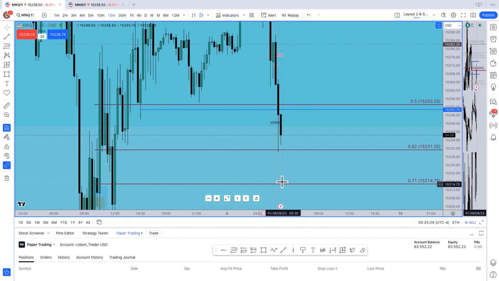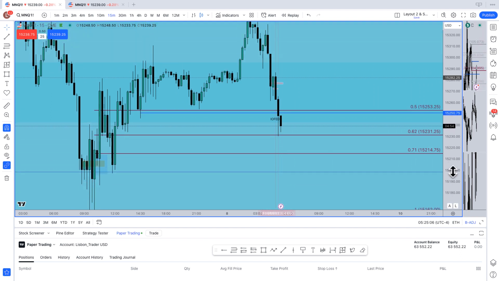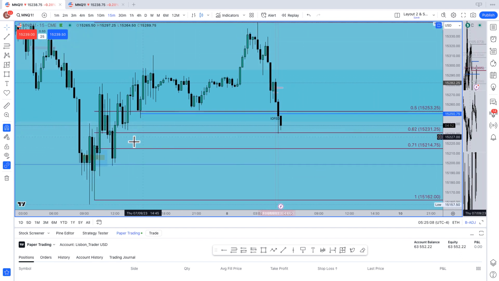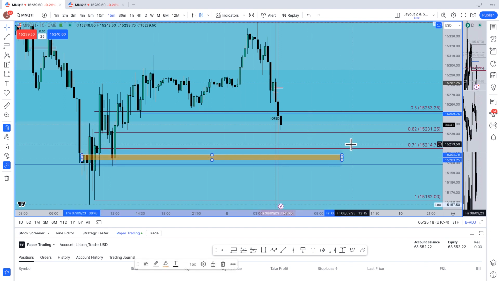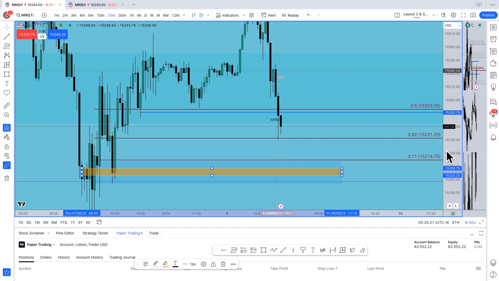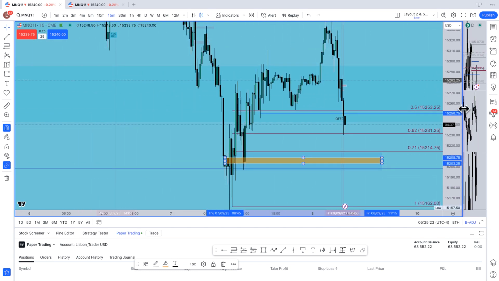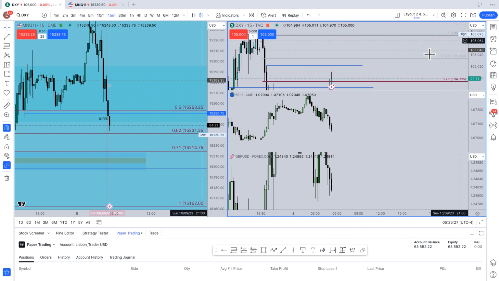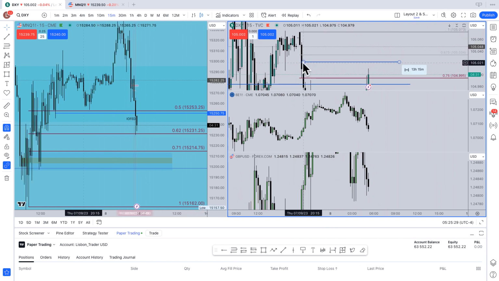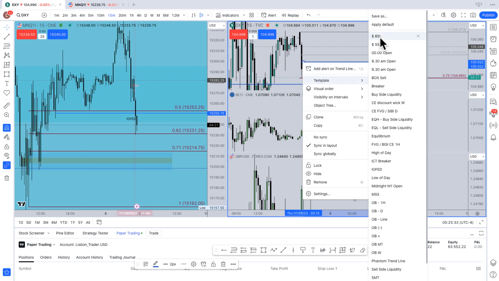And now it seems to want to go down, possibly filling this imbalance over here on the lower time frames below the 71%, while the dollar is still on its way to get this buy side liquidity.